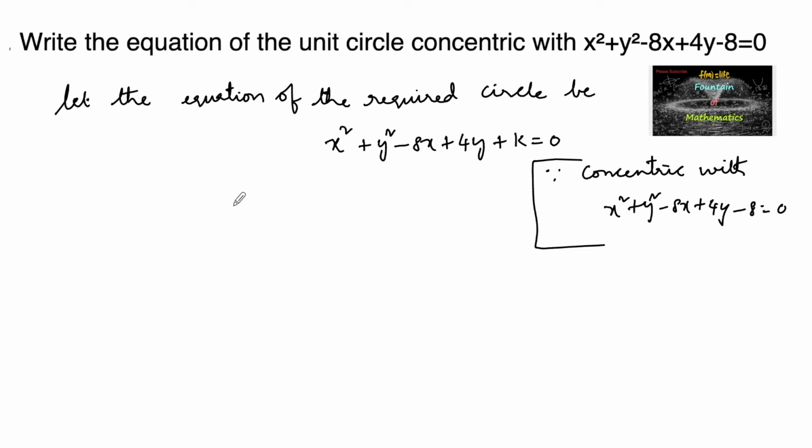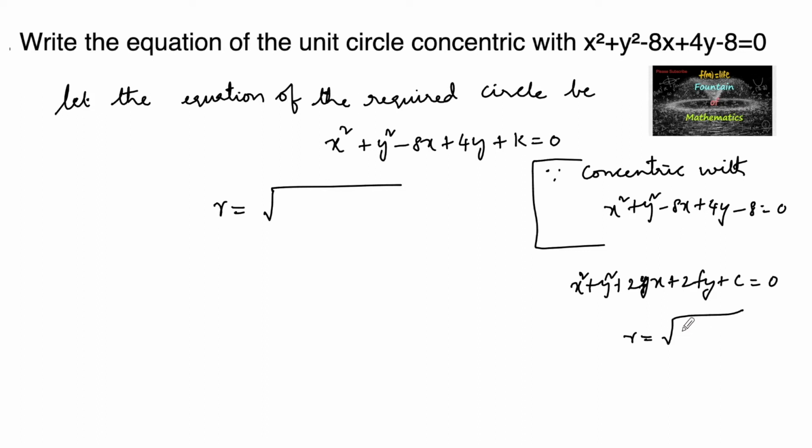And now its radius is under root of, since we know that for a general equation of a circle, x square plus y square plus 2gx plus 2fy plus c equals to 0, the radius is under root of g square plus f square minus c.